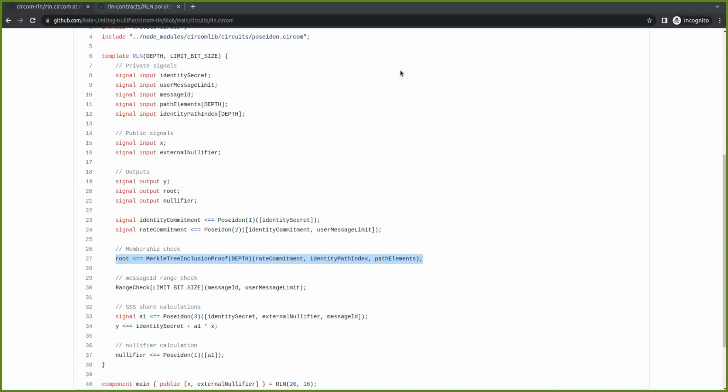Okay, yeah. So in the contract, it's a good question why we are not limiting the message limit value on the contract. It's actually probably a bug in the contract.